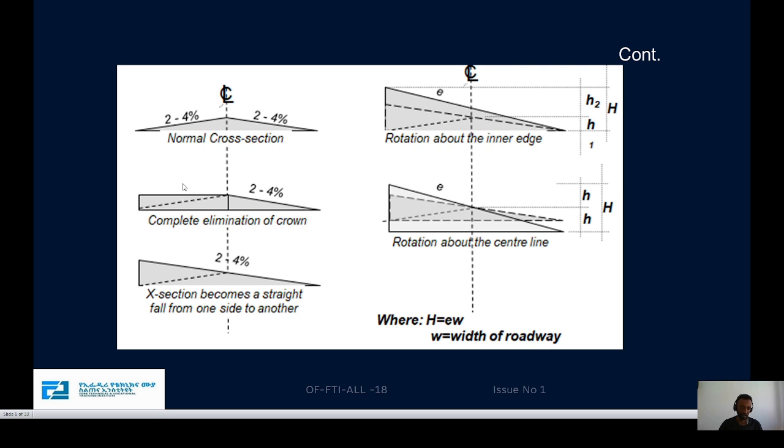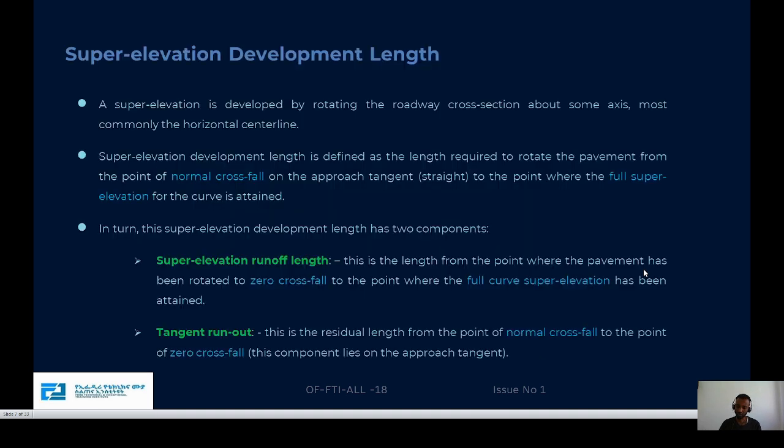The 0% becomes positive 2 up to 4%, with the inner part straight, then increasing the slope to 6%, up to a maximum of 10%. After the curve ends, we have a reverse, returning to the normal slope of 2% again, the same as the existing normal slope.